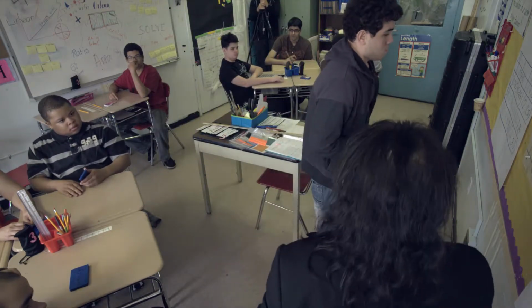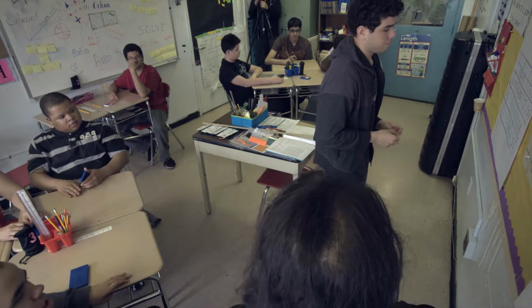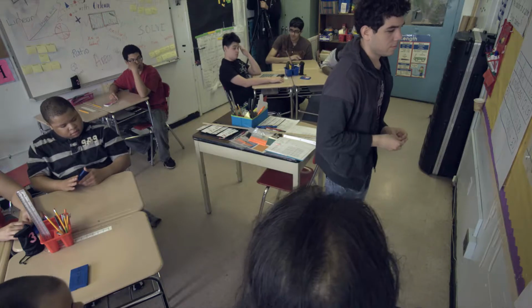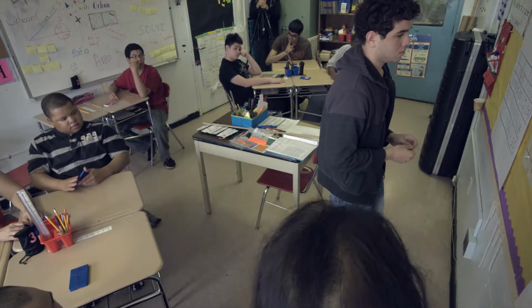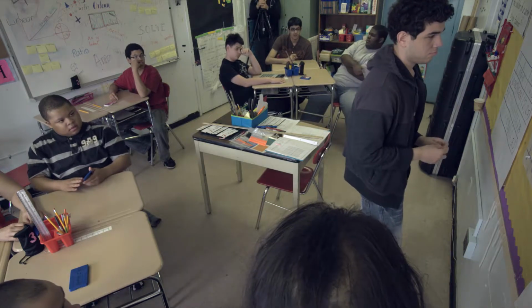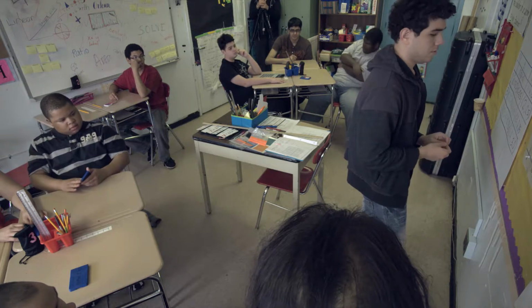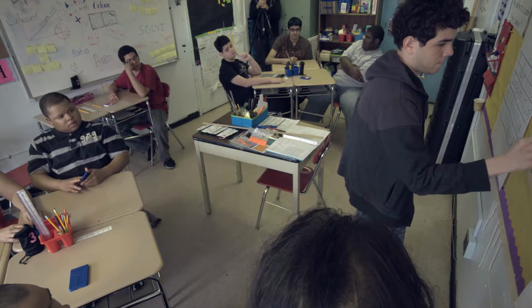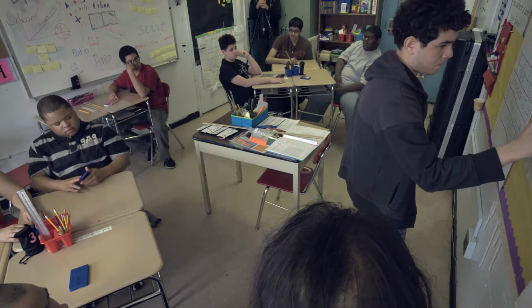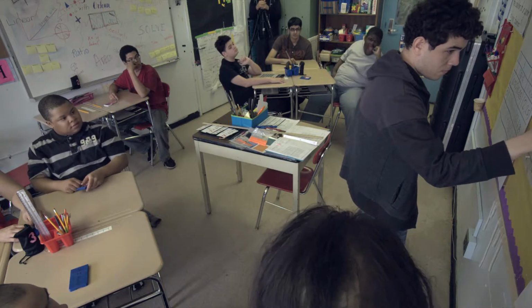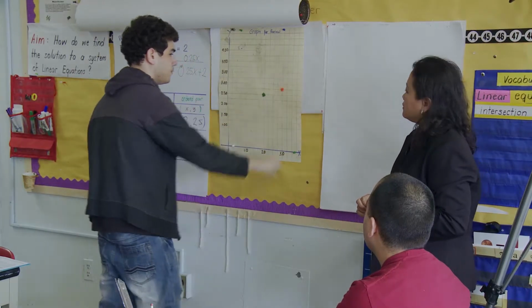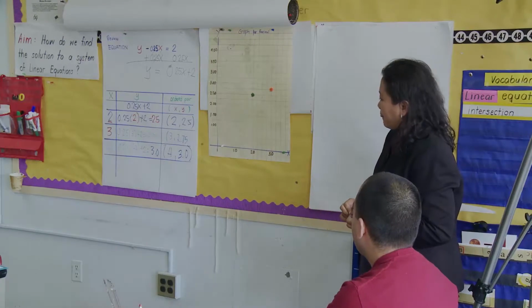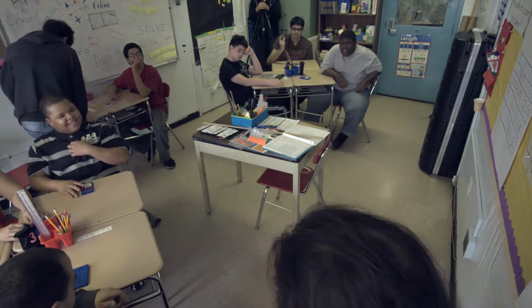What's the next one? 2.7. Okay. So, where x is equal to 3. Very good, Angel. Thank you, Angel. Okay, next point.